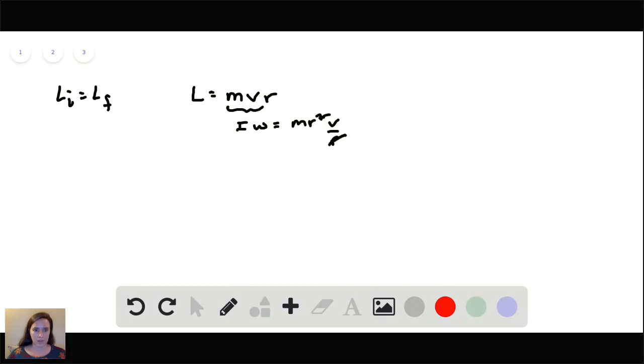So initially, our comet is just cruising around, and then the sun partially melts the comet, decreasing the mass to a fourth of what it was.